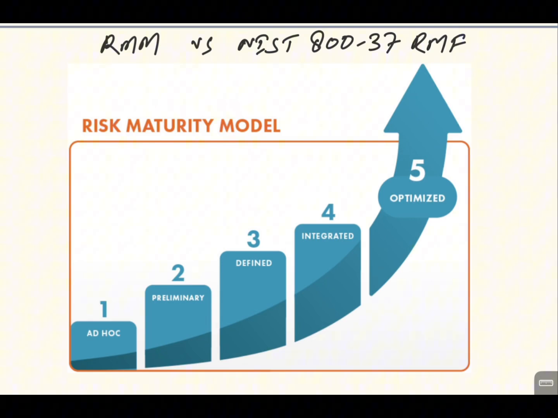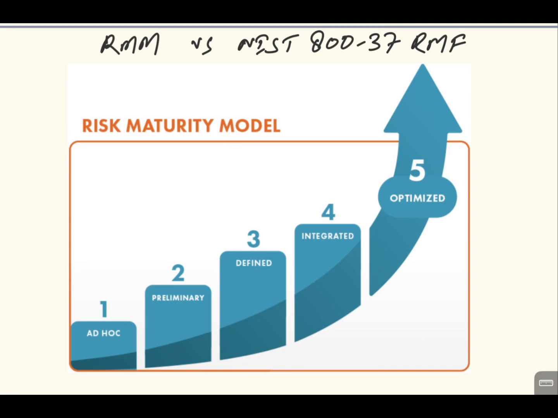So RMF is at the IT system level. Let's think of RMM as a health check of an organization's overall risk management, while RMF is a detailed step-by-step treatment plan for handling cybersecurity risk, right?